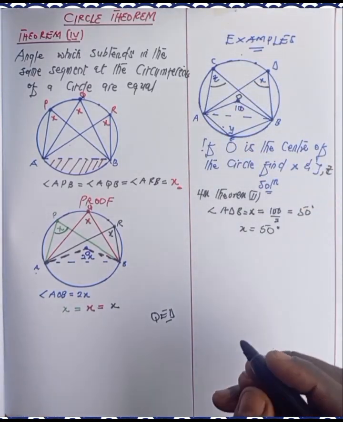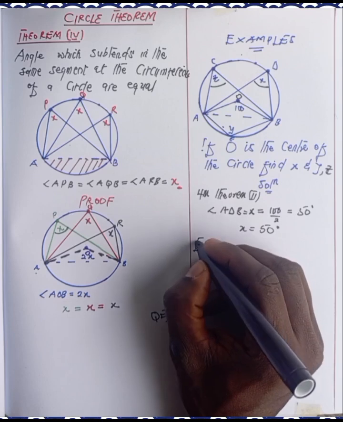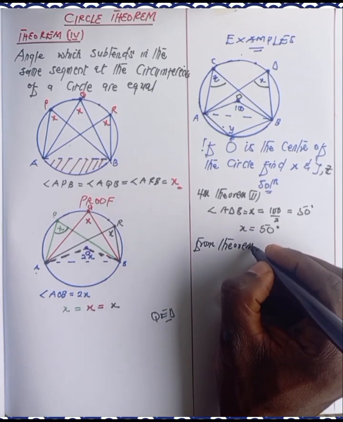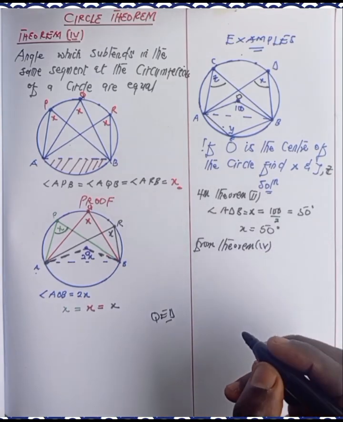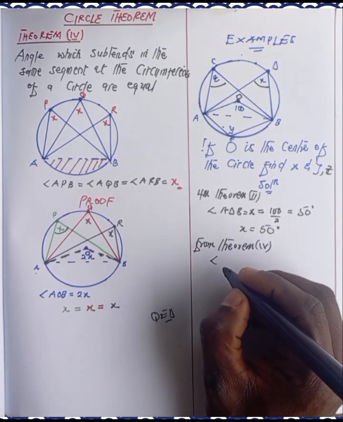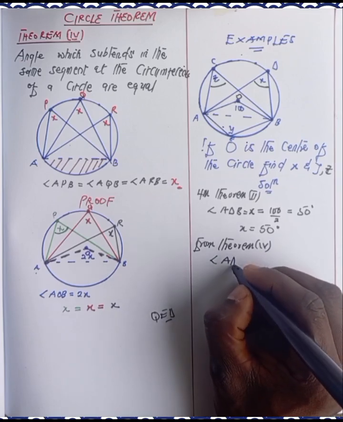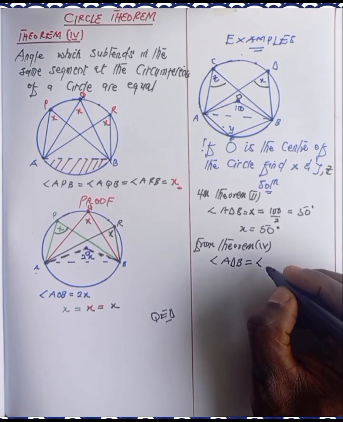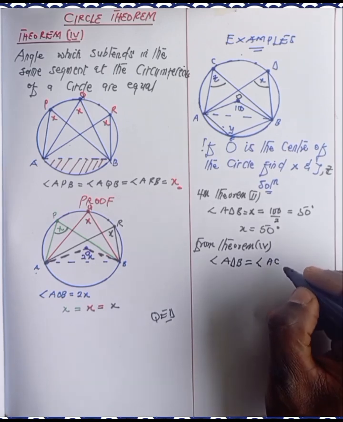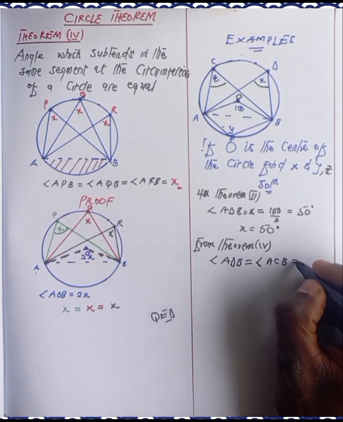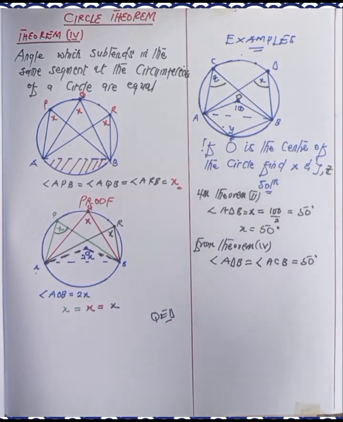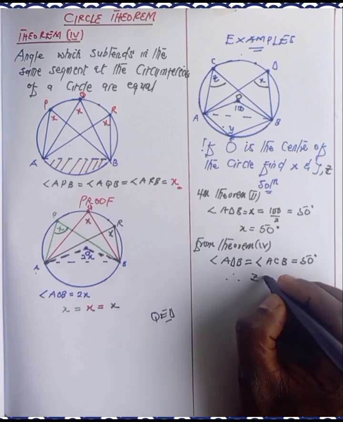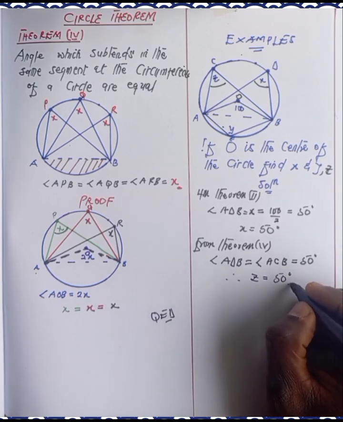So from Theorem 4, angle ADB is equal to angle ACB, which is equal to 50 degrees. So therefore, finally our z is equal to 50 degrees.